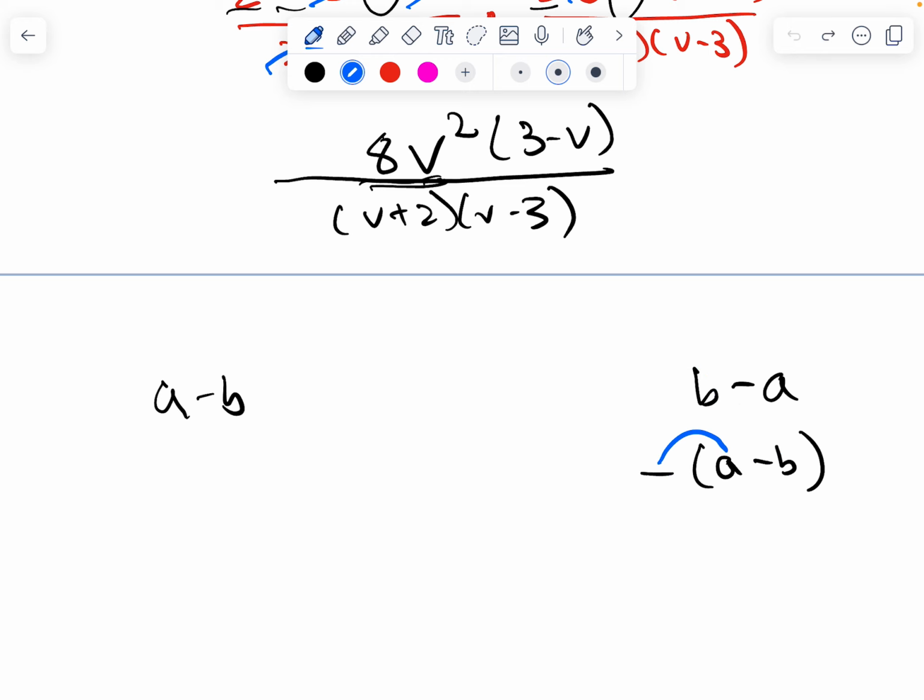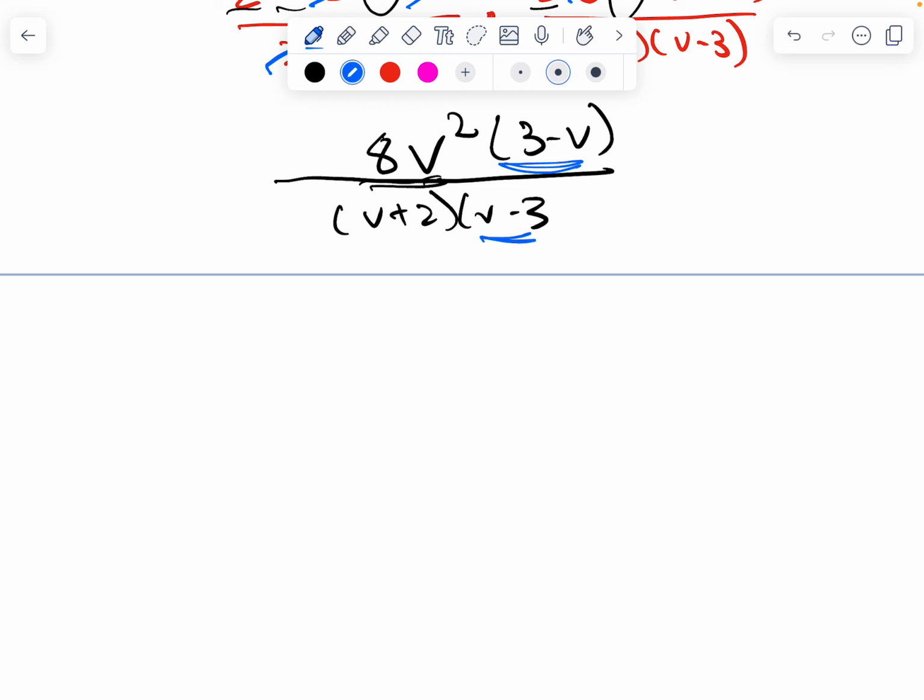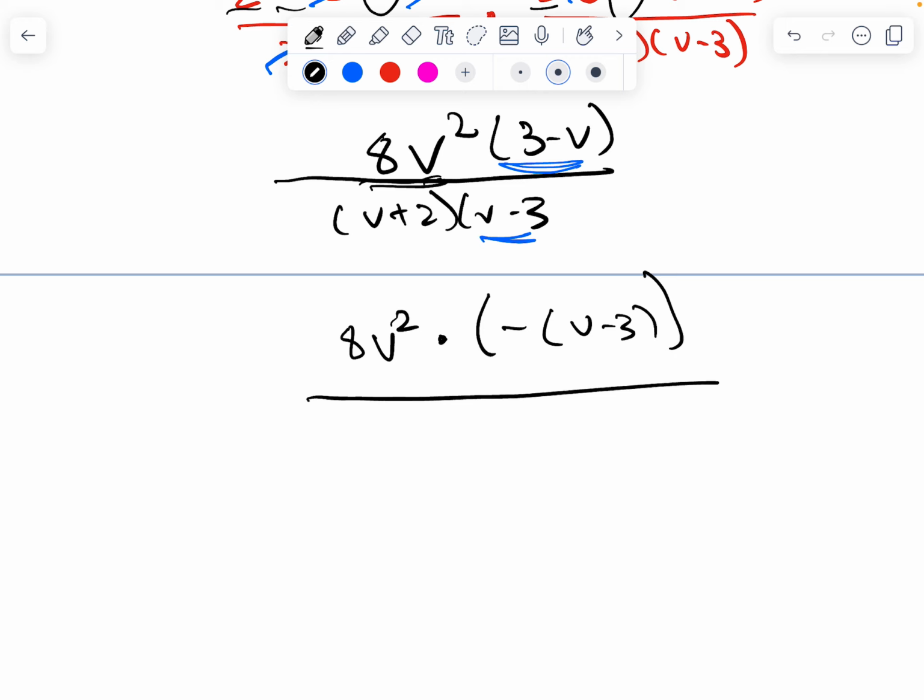Okay, so we're going to use that cool trick here for this expression. You see the 3 minus v and the v minus 3. They're so close. So we're going to just change it around a little bit. We're going to keep 8v squared, but we're going to make this times a negative v minus 3. And on the bottom, we've got a v plus 2 and a v minus 3.